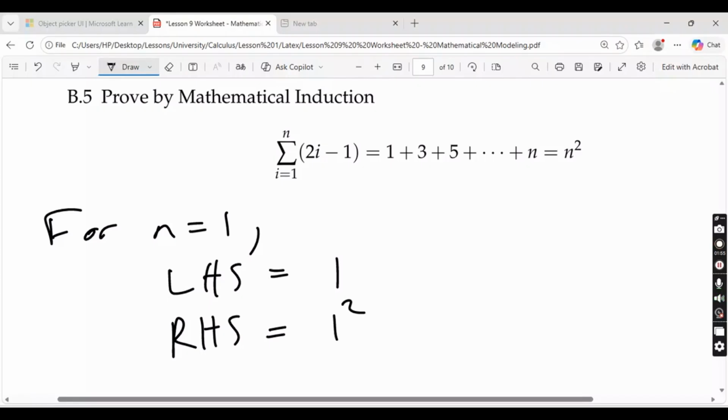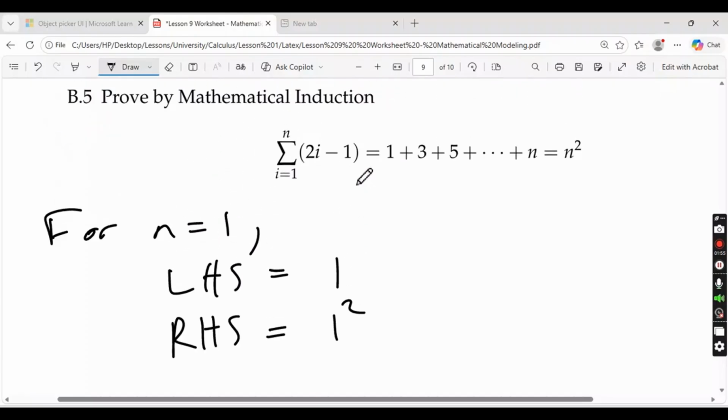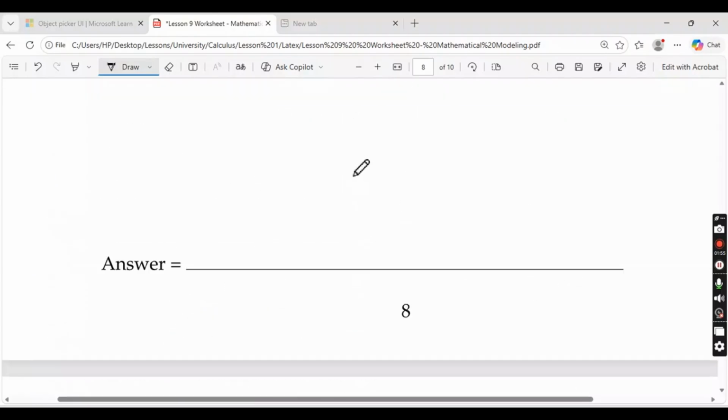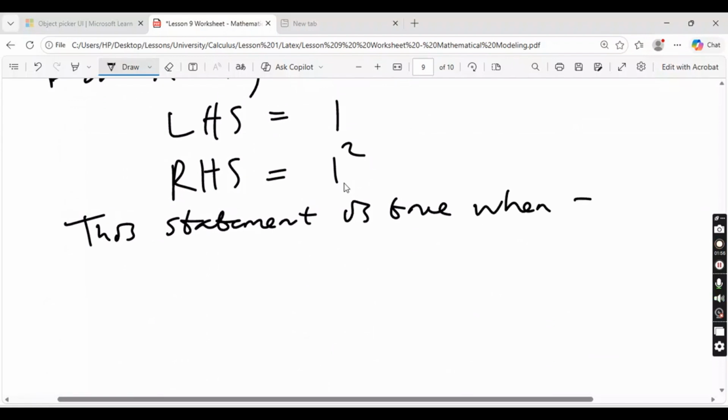And then we say the statement is true when n equals 1. Oh, for the previous one we forgot to write our statement, n is equal to 1.